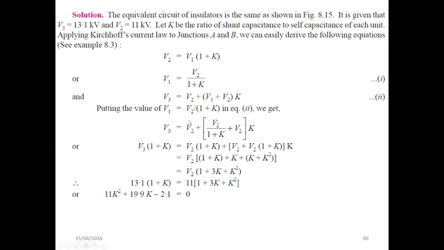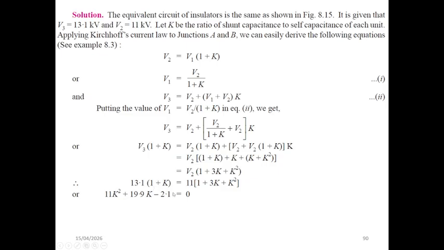So again, we need to make KCL in two junctions and find the V1, V2, and V3. And finally we are looking for K. So we can replace all values in two KCLs, and we can find this second order equation.